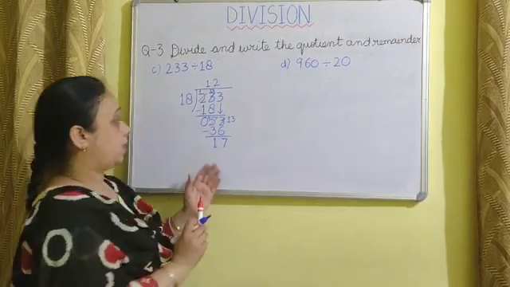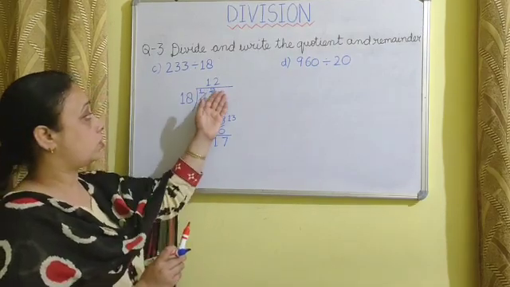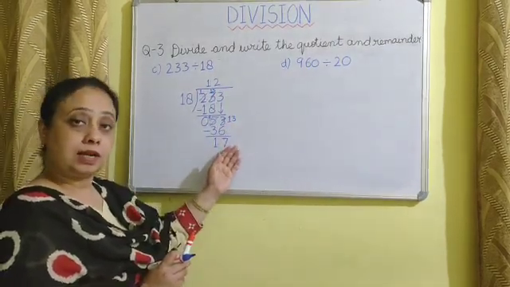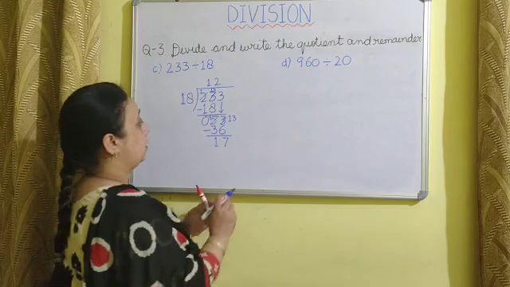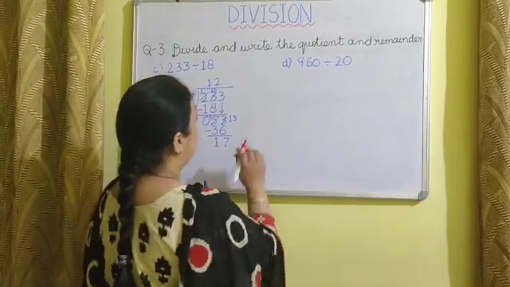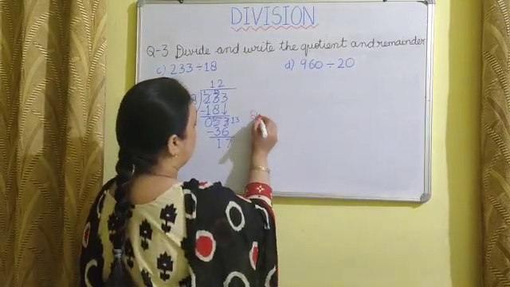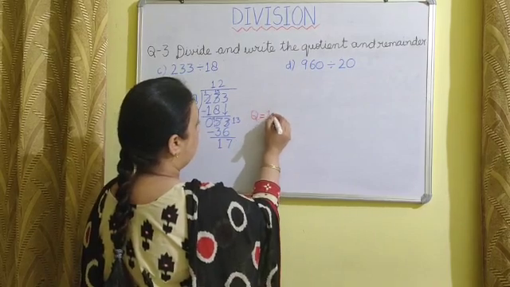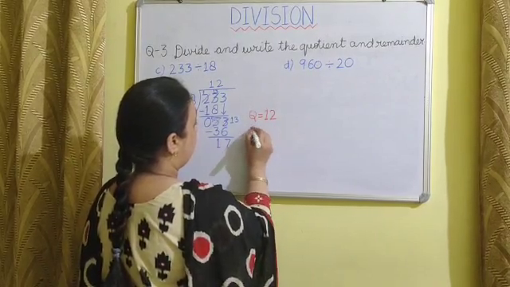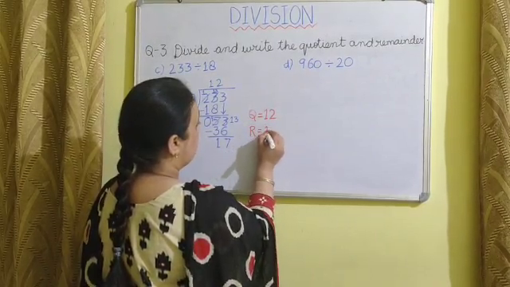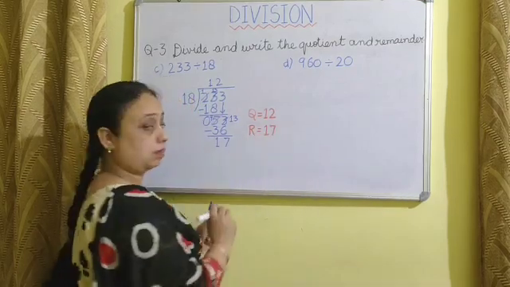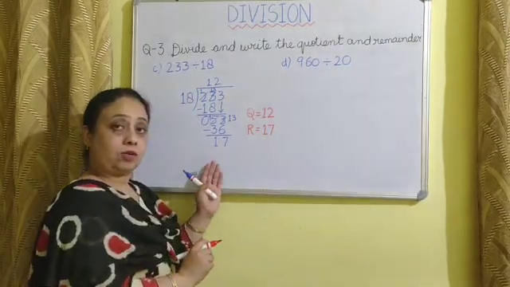So our remainder is 17 here because we have no other digit left to copy down. So what is the quotient? Quotient is 12 here. Remainder is 17. Is it clear to you, children?